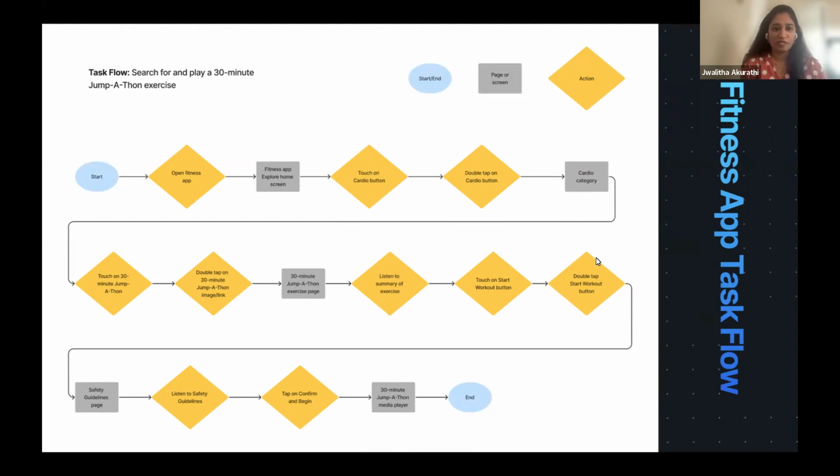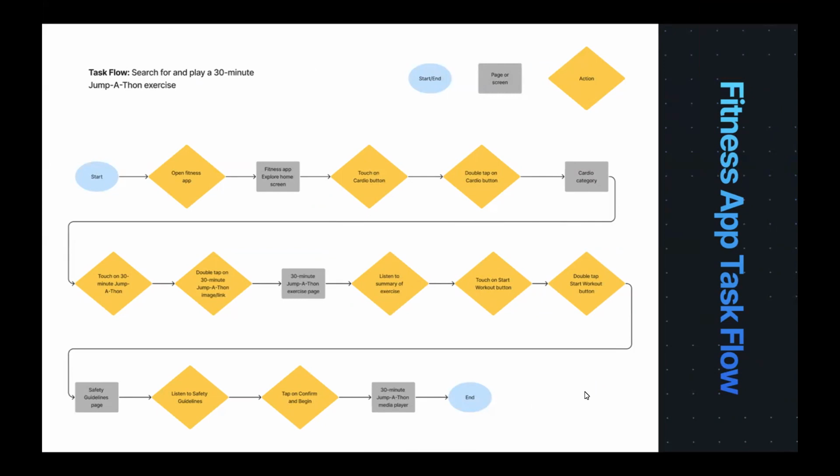Initially, the user opens a fitness app and browses the categories, and later he clicks on the cardio button, selects the exercise, and just starts playing the exercise. Once we were done with the task flow, it really helped us to find out what frustrations the user is facing, just to improve our user interface and also the user experience.